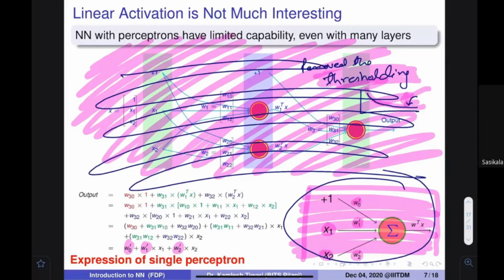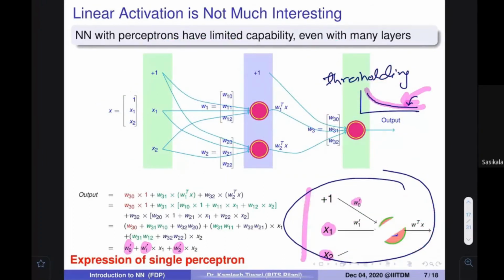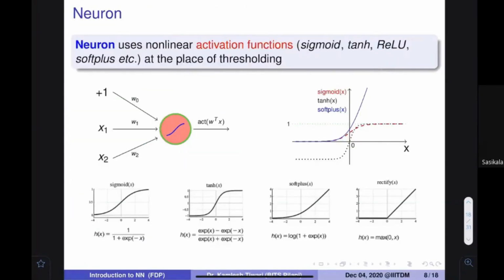Biggest problem: should we use this thresholding? The answer is no, we cannot use the thresholding in this way. So we have to have the thresholding, but thresholding has a problem, and ultimately a very interesting idea came. We need thresholding, but it was going to give you only +1 and -1, and these values are very large.